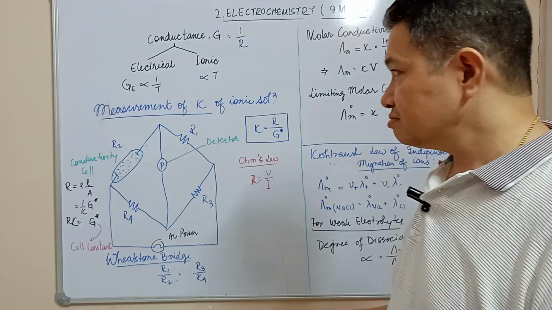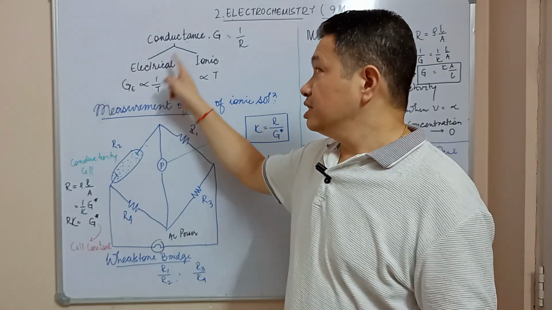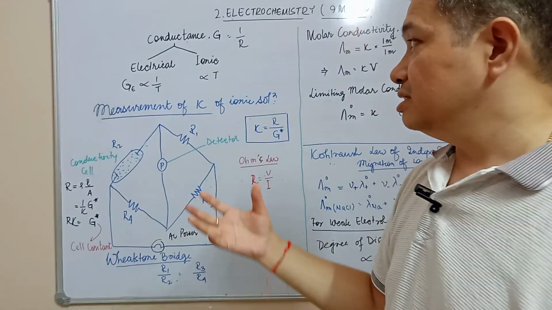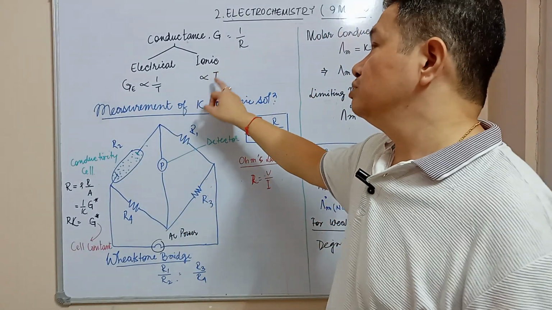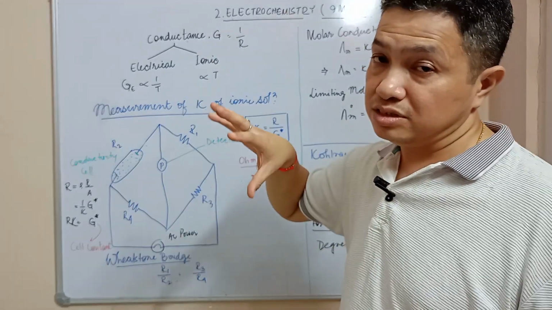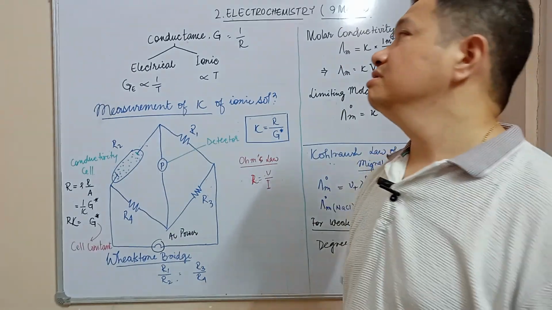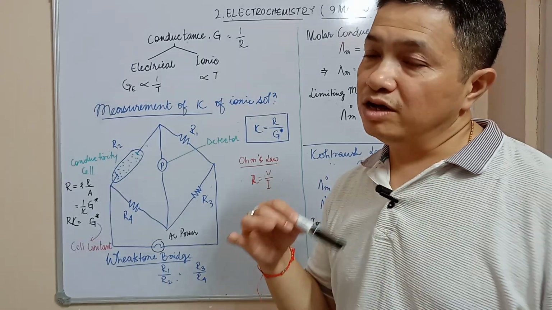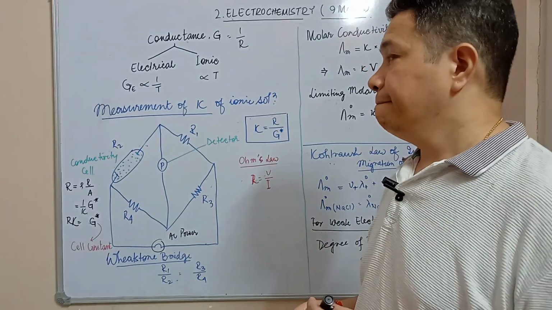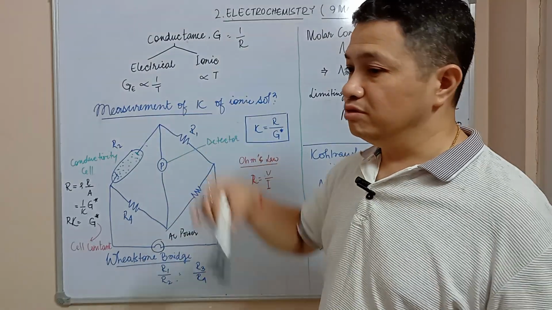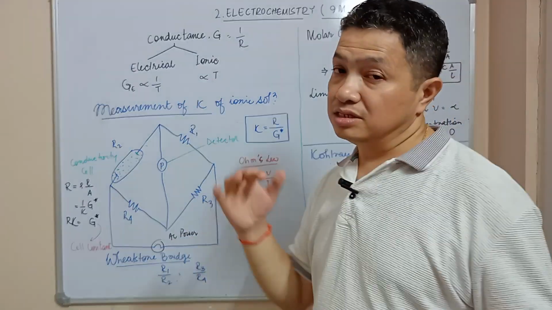The electrical conductance of a metal is inversely proportional to temperature, but it is directly proportional to temperature in the case of ionic solutions. That means if the temperature increases, the conductance of an electrolytic or ionic solution will increase. But for general metals, if temperature increases, the conductance will decrease.